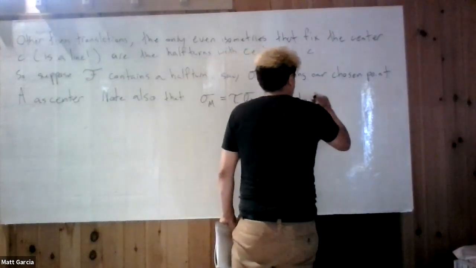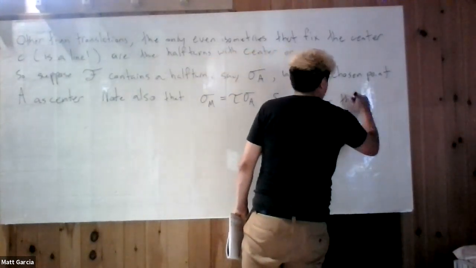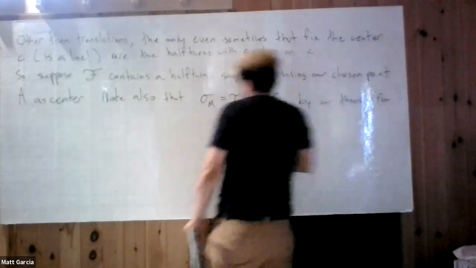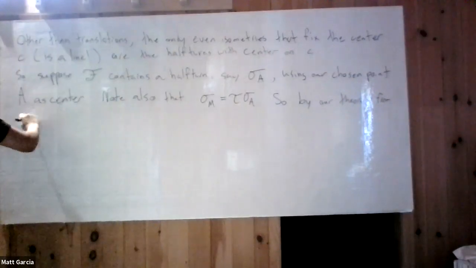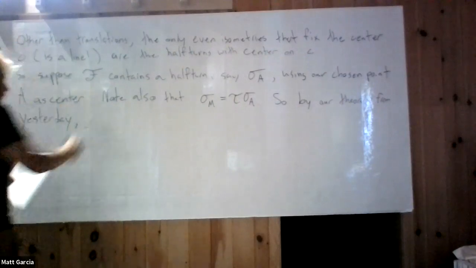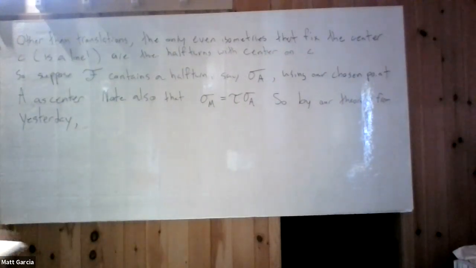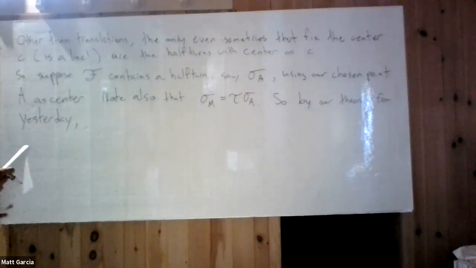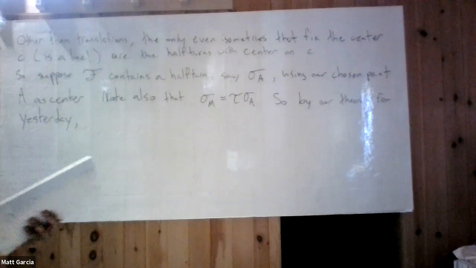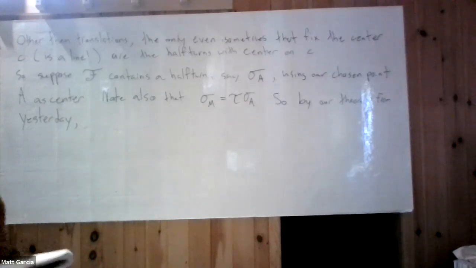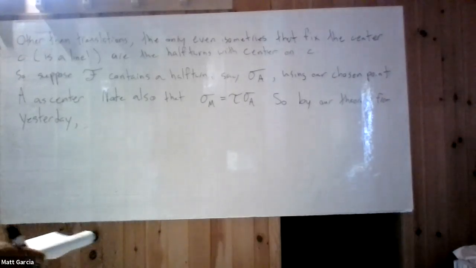So by our theorem from yesterday, remember, our theorem from yesterday said that, let me just quote that for you: if P is a point of symmetry for a set S and alpha is a symmetry of S, then alpha of P must also be a point of symmetry for that same set S, right?